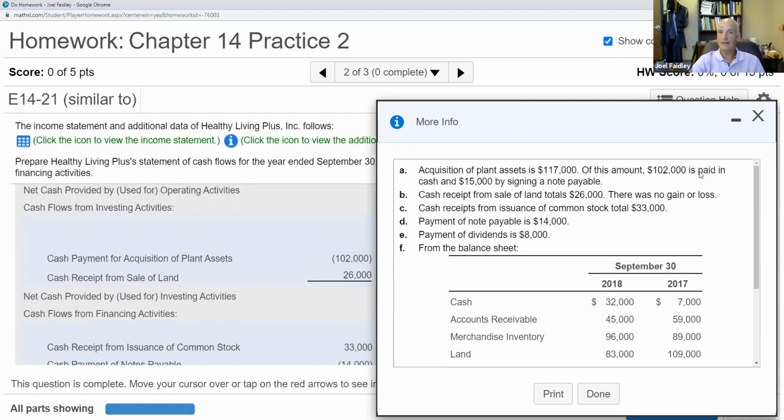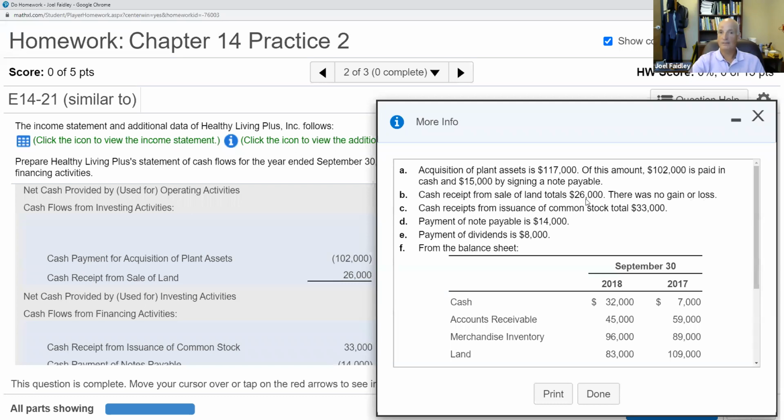All right, so what's important up here is the 102,000 is paid in cash, right? So they debited plant assets and credited cash. So that's why you're showing this as a negative to cash. Asset went up again. Long-term asset. All right, and then it also said cash received from sale of land total is 26,000. There was no gain or loss. So again, 26,000.